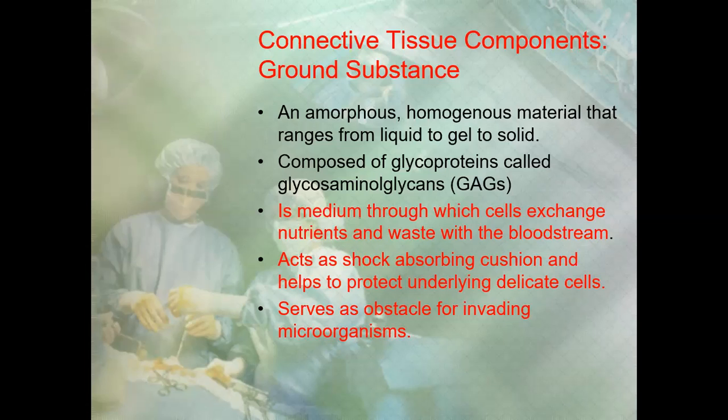Right now, there is an uncountable number of pathogens trying to invade your body, and so here we have a barrier to help prevent them from getting in. So those are the three big things that our ground substance does. Exchange nutrients, shock absorber, provides a barrier.